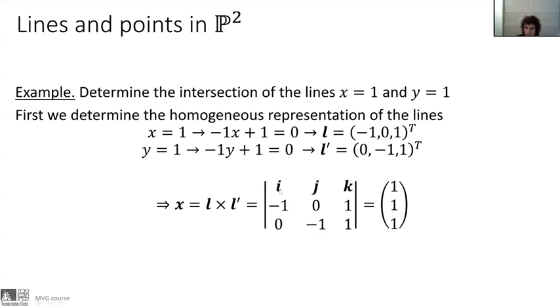In order to calculate the resulting vector in the first coordinate, we take the determinant of this, etc., etc. And as you see, the point we get is 1, 1, 1, which is in homogeneous coordinates.